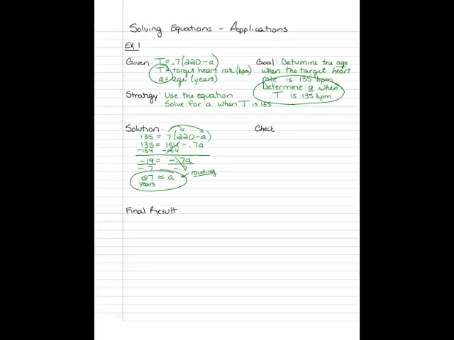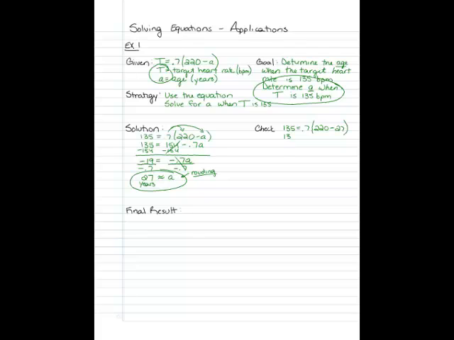Now we need to check and make sure that mathematically it works and that it makes sense. So rewriting this equation, we have 135 equals 0.7 times (220 minus, instead of A, I'm going to replace it with our answer, 27). And then we just want to make sure it works out.